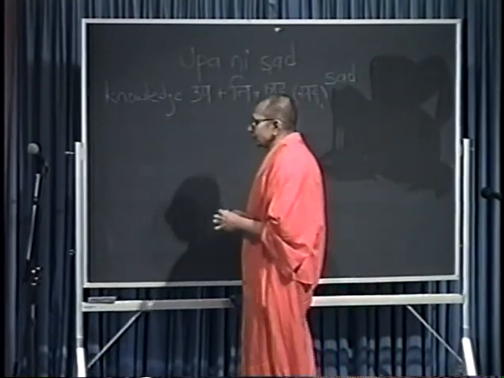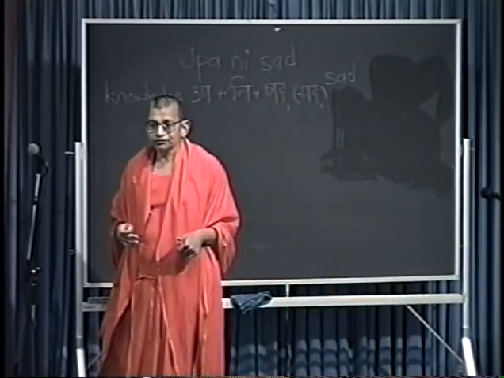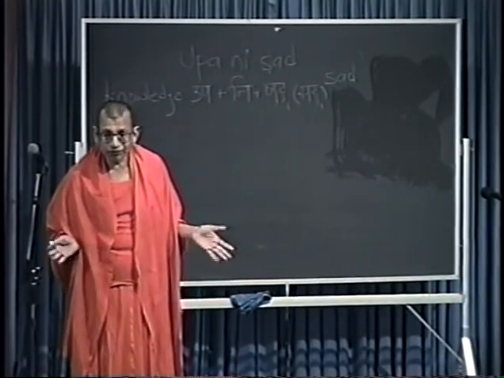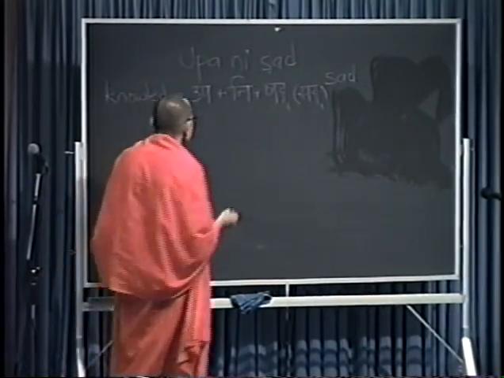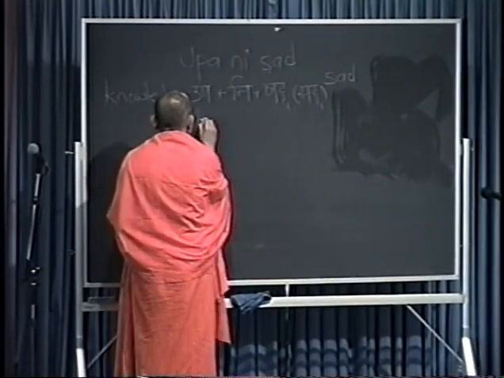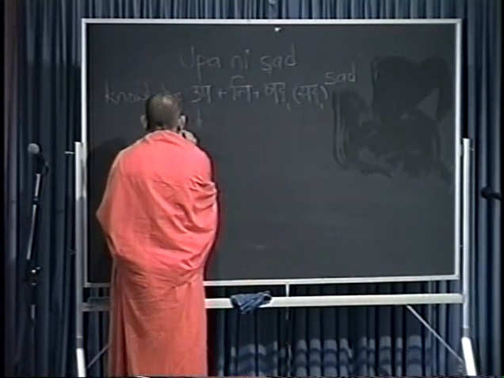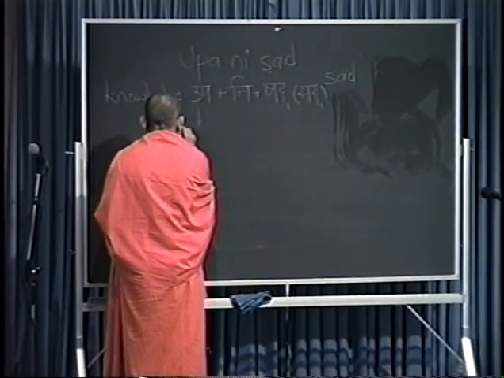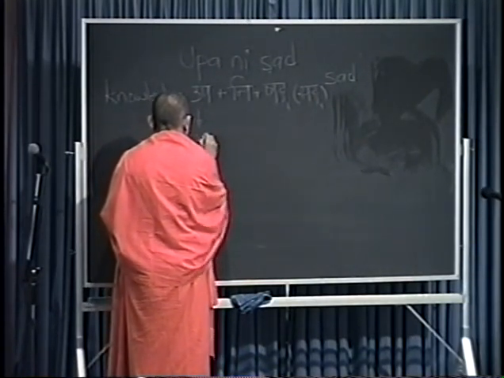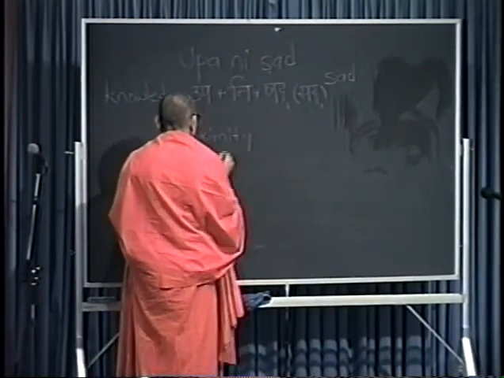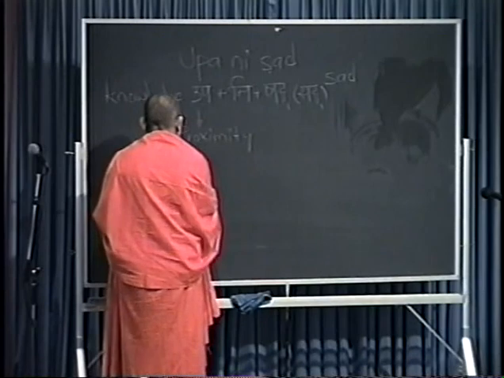What is the subject matter of knowledge? Upanishad is knowledge of what? Of whom? That is, the subject matter is revealed by this prefix upa, in the sense of proximity. In Sanskrit, it would be called samipya.